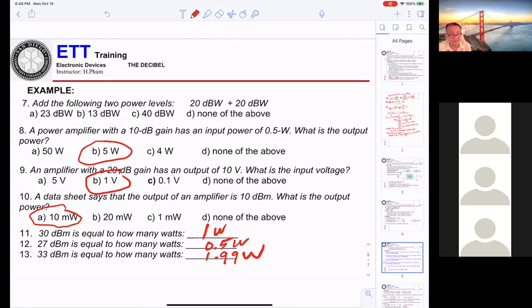You have to do it. Again, make sure you understand it in a technician class. You have to use your brain.